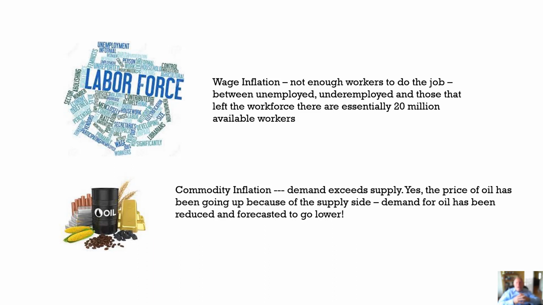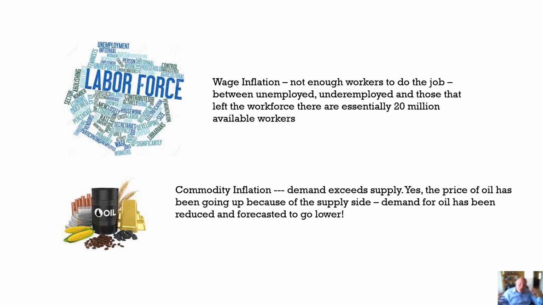Then you're going to have commodity inflation. Demand exceeds supply is the general rule here. Yeah, the price of oil has been going up because of the supply side. They pulled oil off the market. So where it's around 70 now, the demand is not there. It's been reduced by the pandemic, but also as we've become more efficient, planes have become more efficient, cars have, we have the movement towards EV, but we're traveling less.